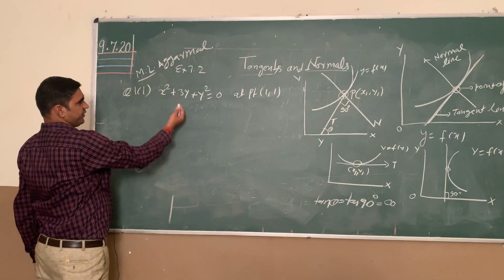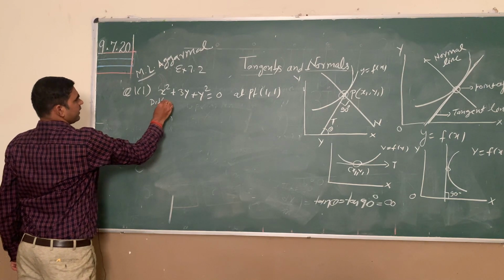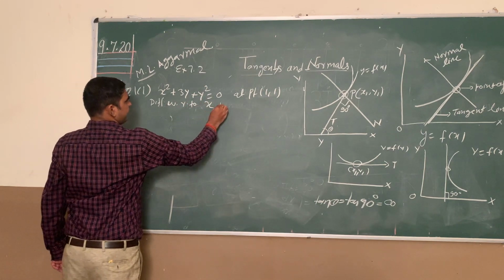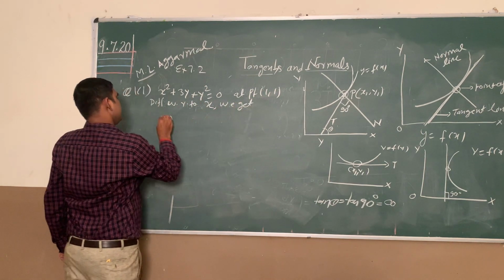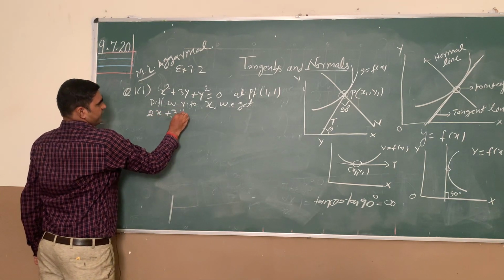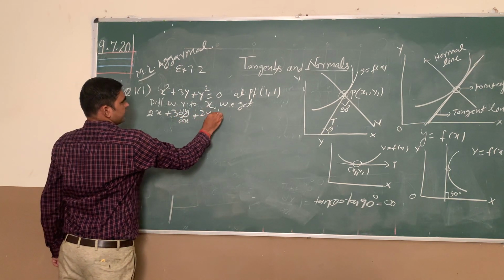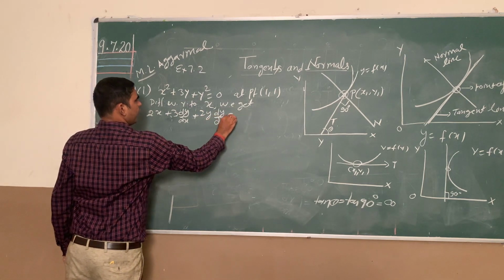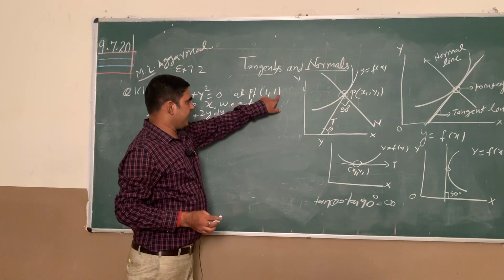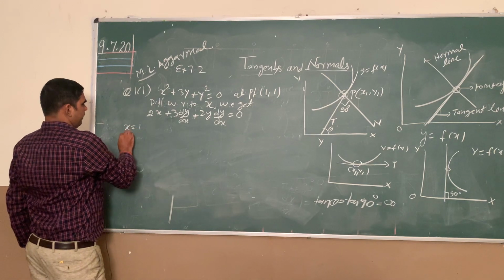First of all, we differentiate it with respect to x. Differentiating with respect to x, we get 2x plus 3y plus 3 dy by dx plus 2y dy by dx equal to 0. Now put the values x equal to 1 and y equal to 1.